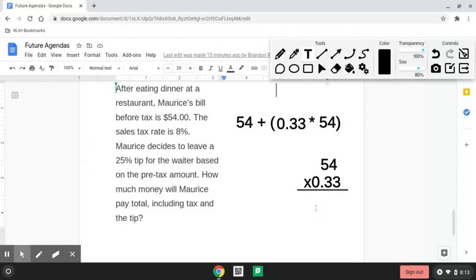54 times 3 is going to make 162. And 54 times 30, it's going to make that number. We add them together to get the result.